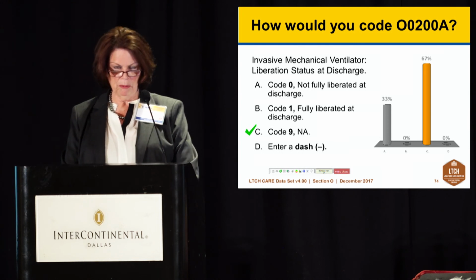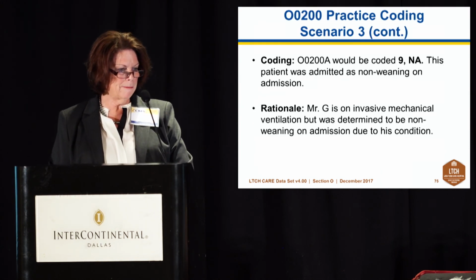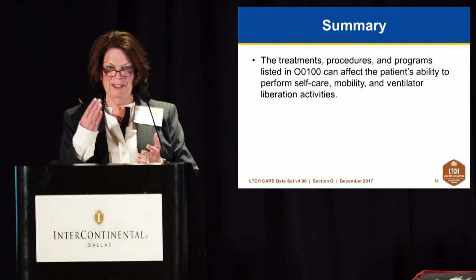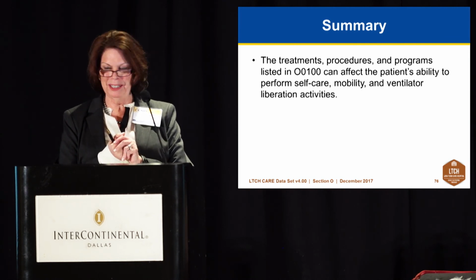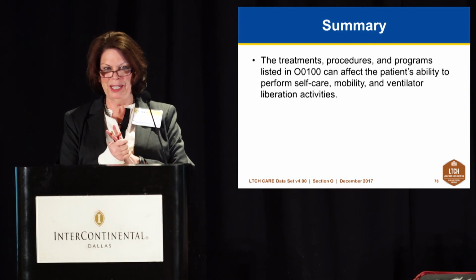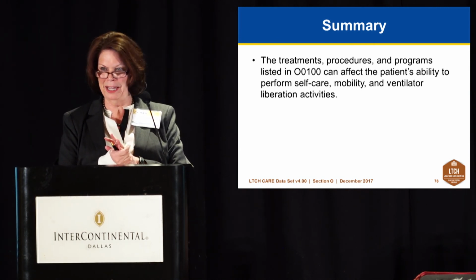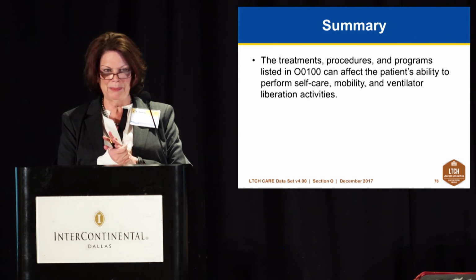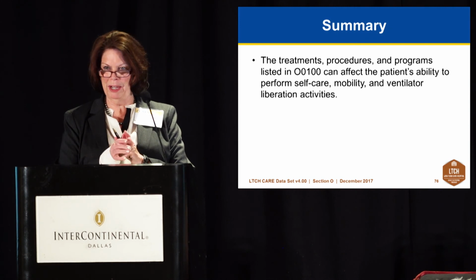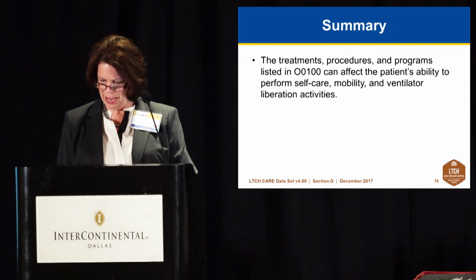So, in summary, I've presented the two ventilator liberation quality measures. We've talked about the data elements associated with that. We've also talked about the other changes to Section O, particularly IV vasoactive medications and how to code that.